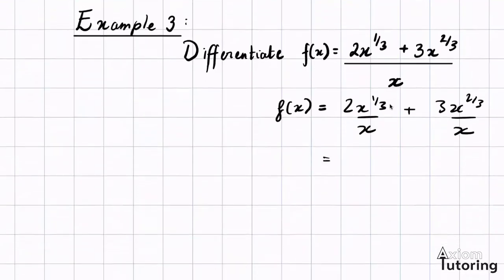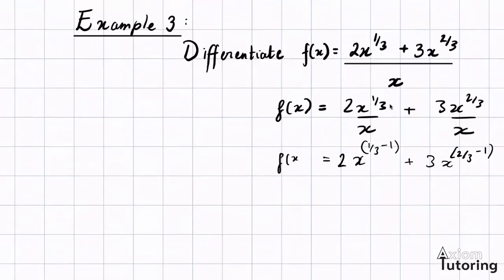So remember our laws of indices here. 2x to the power of a third over x is 2x to the power of a third minus 1, plus 3x to the 2/3 minus 1.